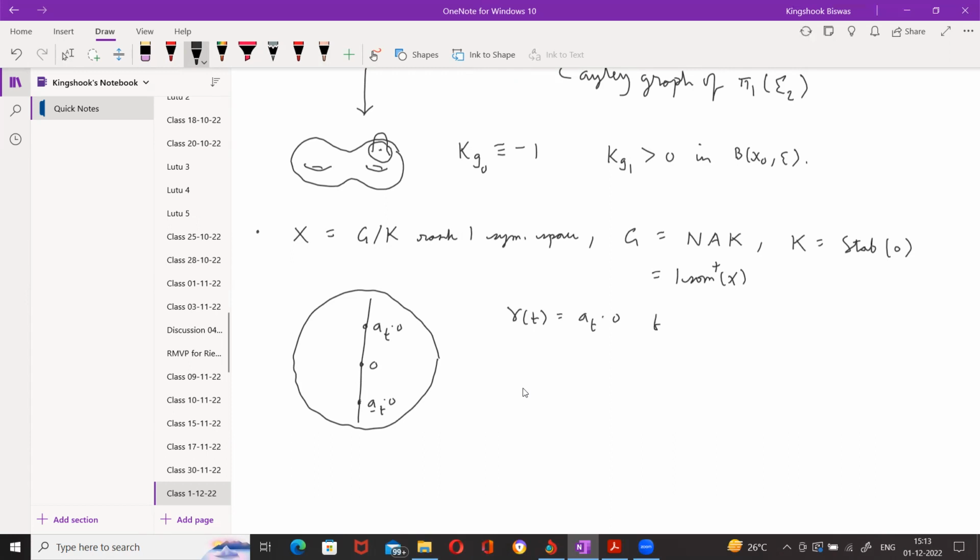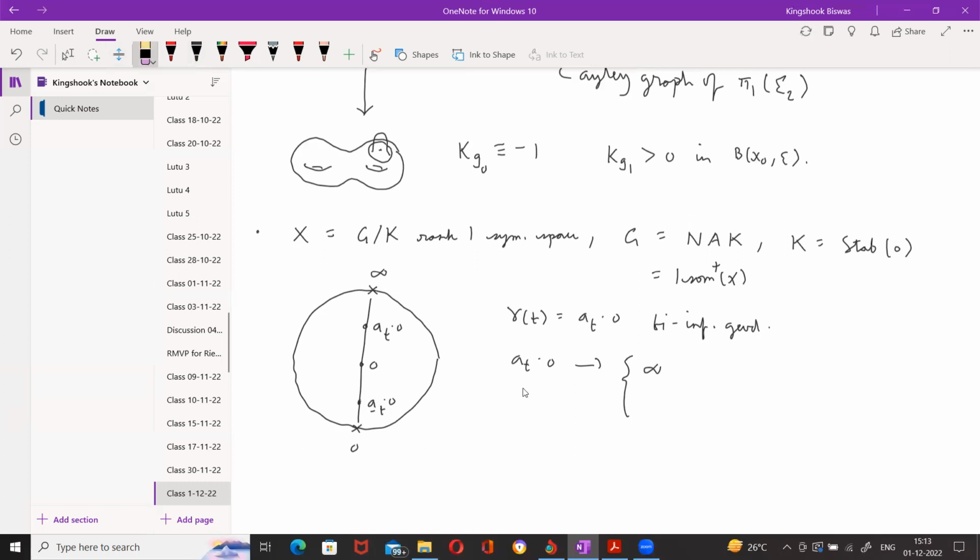This is a bi-infinite geodesic. So this converges to two endpoints on the boundary.